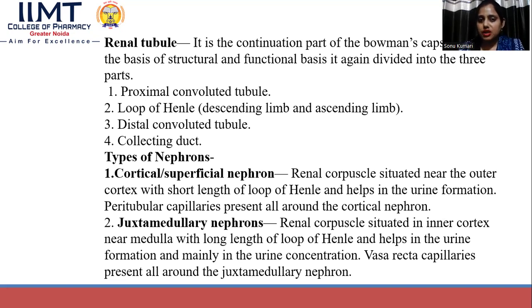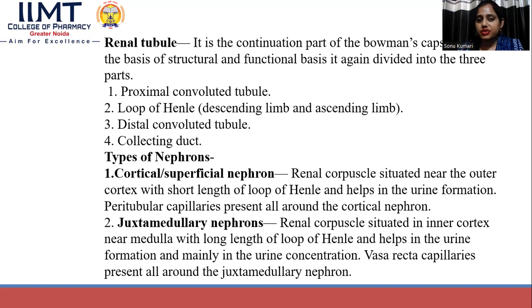Basically, nephrons are of two types. First is cortical, also called superficial nephron. Renal corpuscles are situated near the outer cortex with a short length of loop of Henle, and it helps in the urine formation. Peritubular capillaries are present all around the cortical nephron.